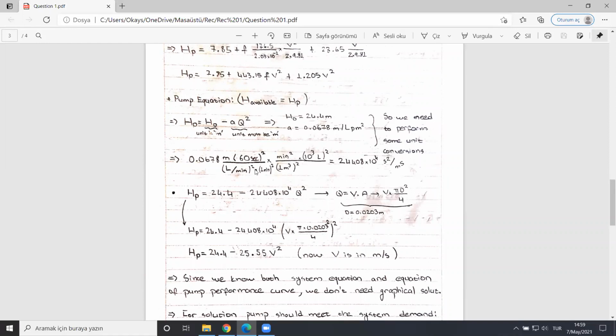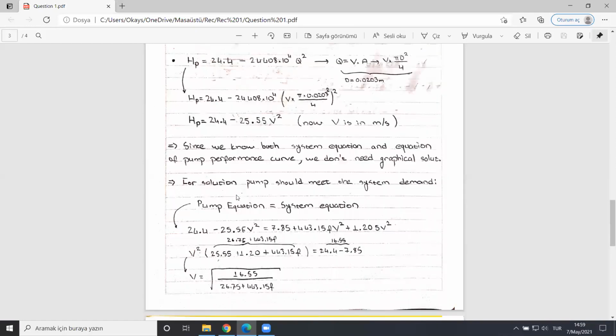When we equate them to each other, we can find the operating point for our discharge value. So when you equate them, this is this one, and that is the one coming from the other equation. At the end, you need to leave V alone. So I take the terms which have V squared into parentheses.